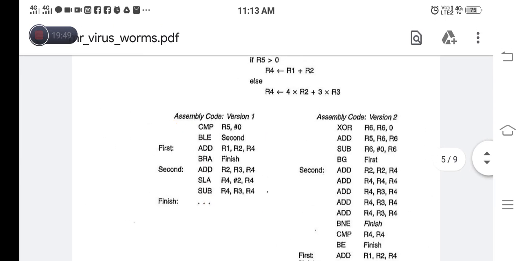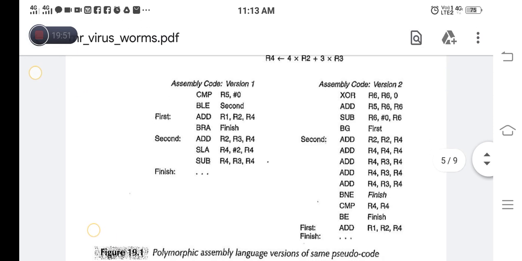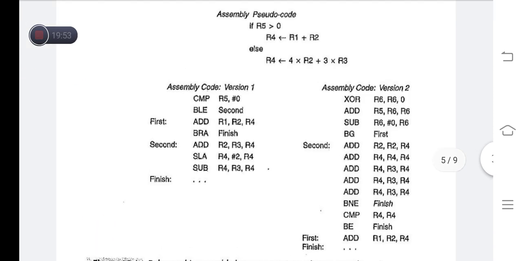We have two versions of the same pseudocode, and especially the second version has various branch instructions to confuse the worm code detection software that relies on control flow analysis.